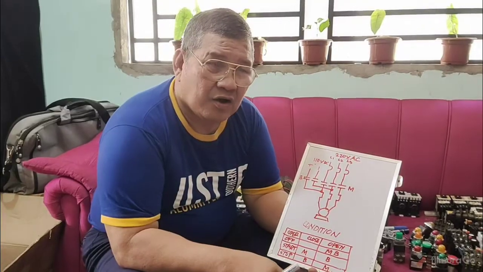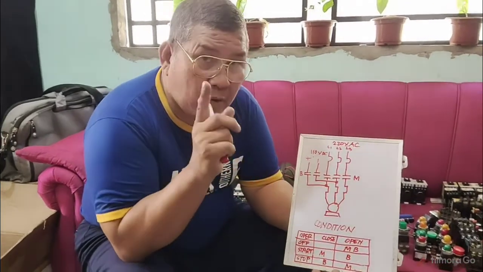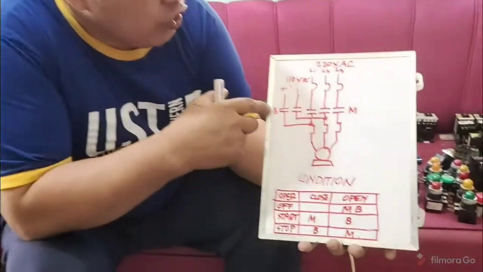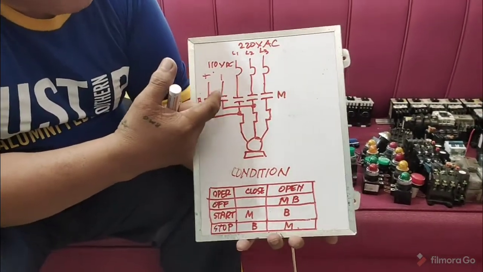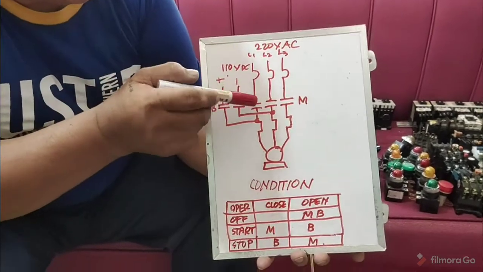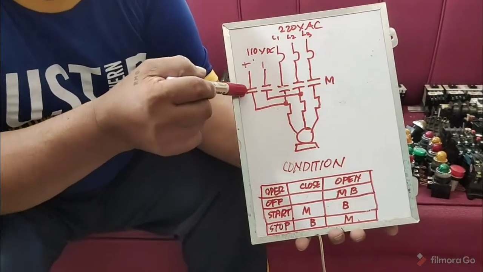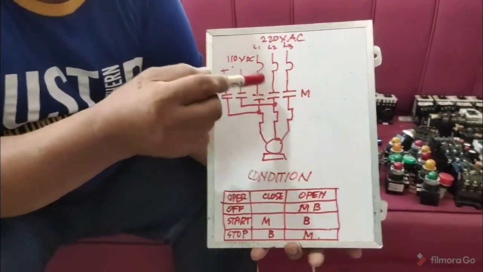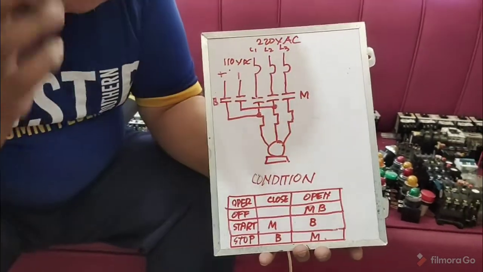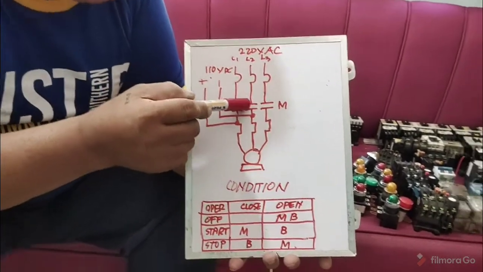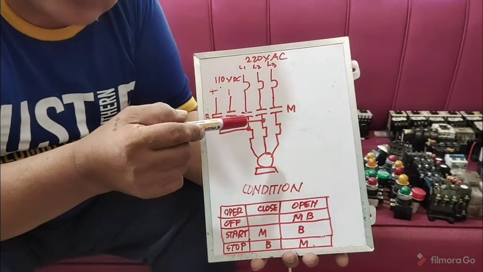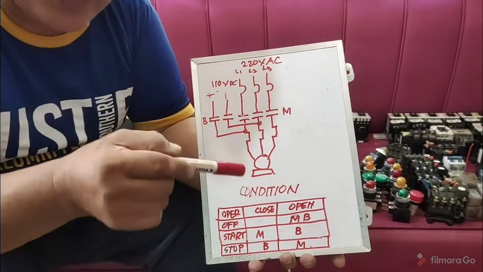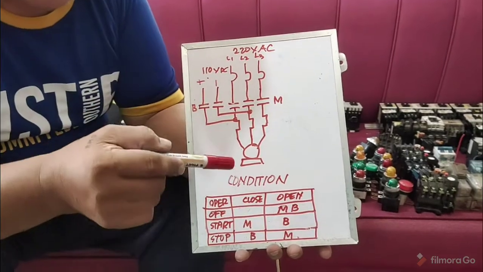So here is the power circuit. You have here the brake contactor, and you have your main contactor. That is why we place a B and M to identify the two contactors. Again, these two contactors are AC contactors, meaning the holding coil is intended for an AC source.